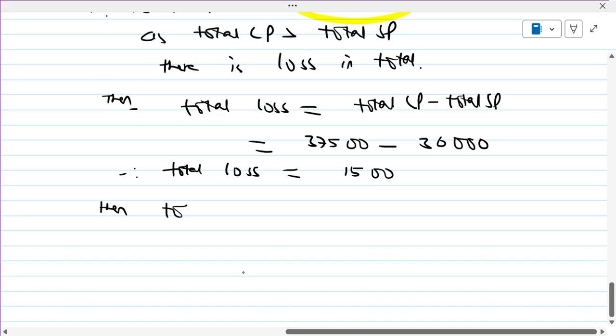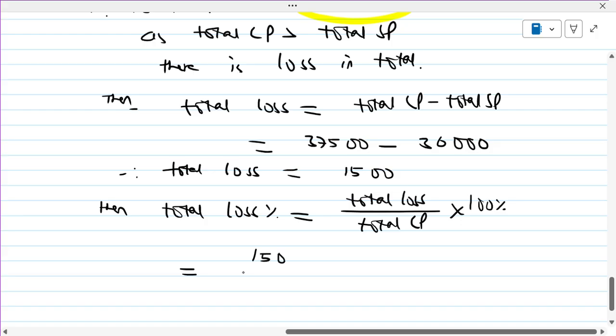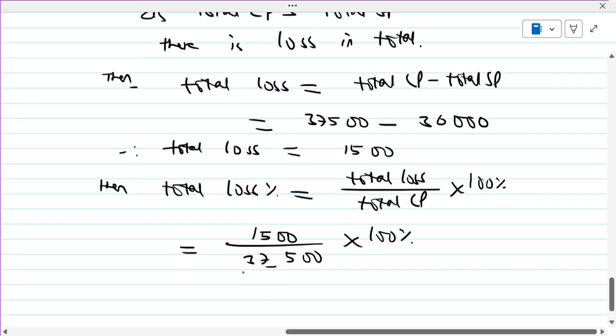Then total loss percentage. So total loss percent equal to total loss divided by total CP into 100% we do. So total loss we do have here 1,500 found, is it? And total CP was 37,500, and into 100 percentage.